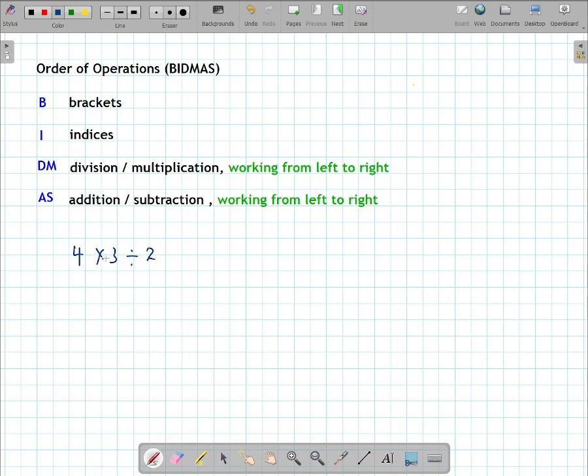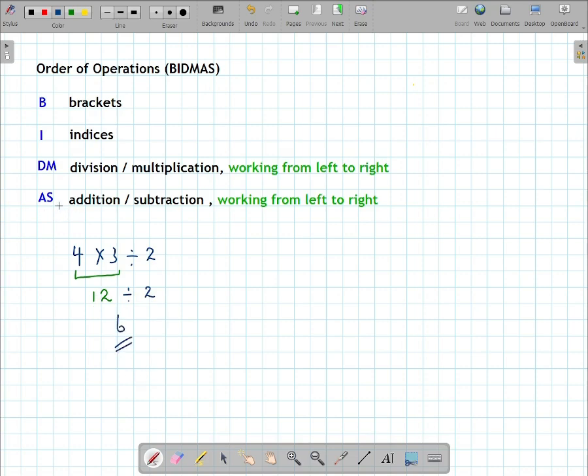So here we have multiplication and division. We start from left. That means this first. So 4 times 3 you get 12 divided by 2. Now 12 divided by 2, that is 6.